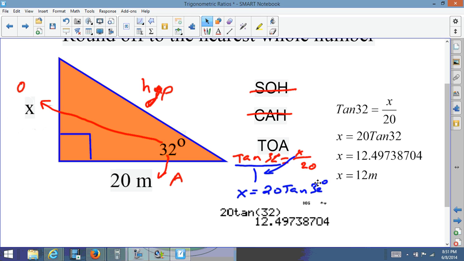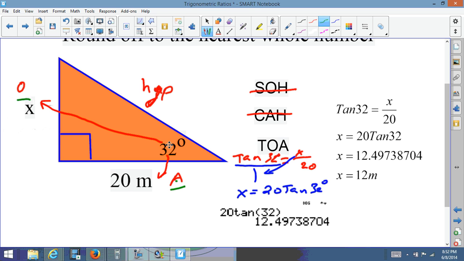So I hope you got something out of this so far, and that you're understanding that we are doing the same process that we did before. We need to figure out what two parts of SOHCAHTOA's names are we given here in the triangle. So we were given an adjacent side, and we were given over here the opposite side, and we were given an angle.